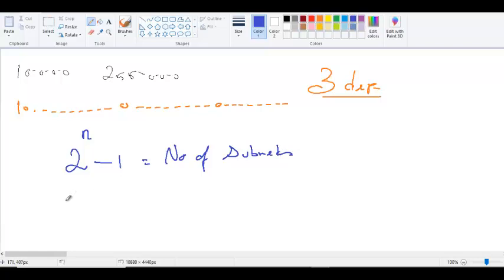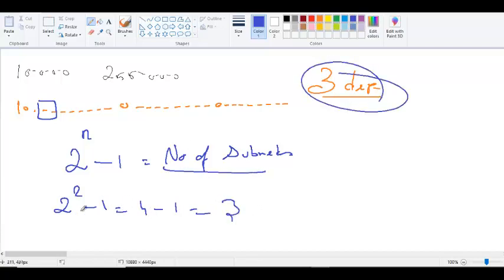You see, if I just take only 1 bit from the host, 2 to the power of 1 minus 1, I get only 1. If this is 2 bits, then 2 to the power of 2 minus 1, which is equal to 4 minus 1, which is equal to 3. Yes. We need 3 subnets.